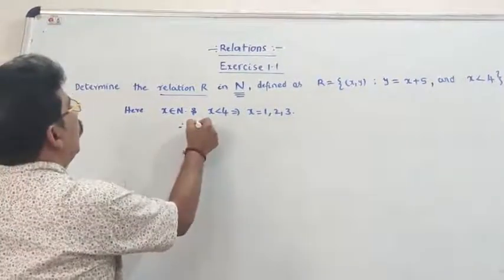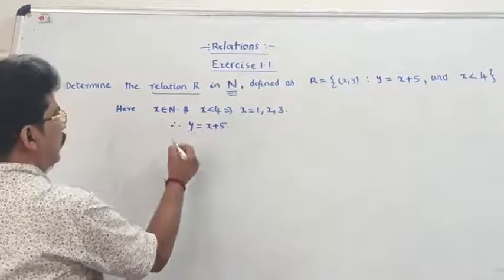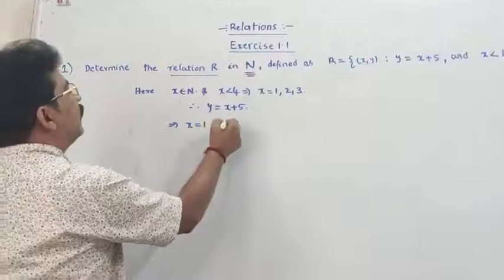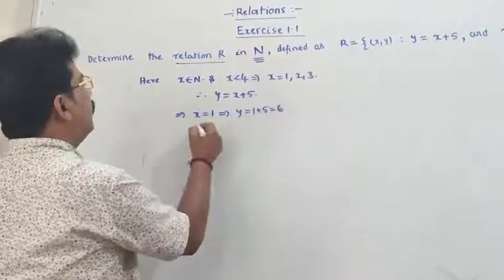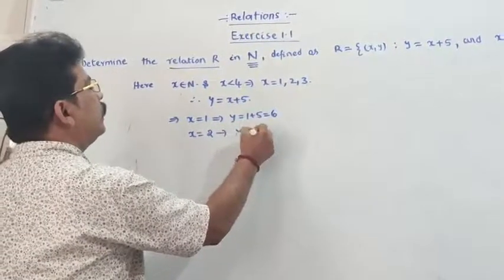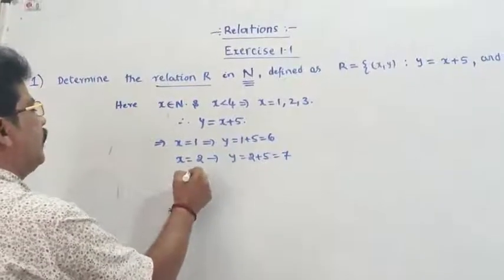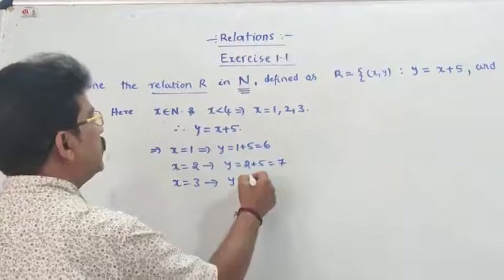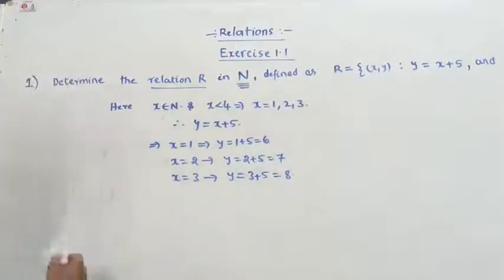Therefore, y is equal to x plus 5. First, x equal to 1, then y equal to 1 plus 5, that is 6. x equal to 2, y equal to 2 plus 5, that is 7. x equal to 3, y equal to 3 plus 5, that is equal to 8.